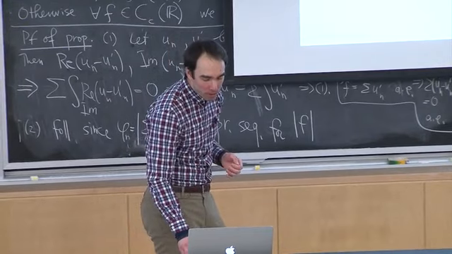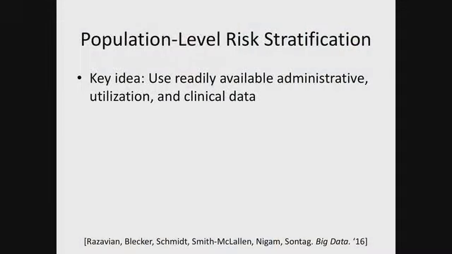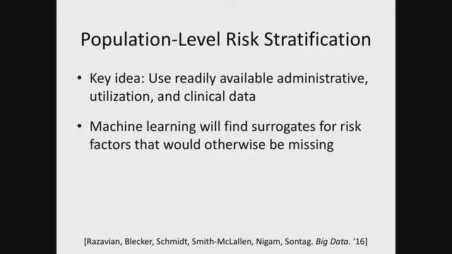So what we will be thinking through is, can we change the way in which risk stratification is done? Rather than it having to be something which is manually done when you think to do it, we can make it now population-wide. We could, for example, take data that's already available from a health insurance company, use machine learning.